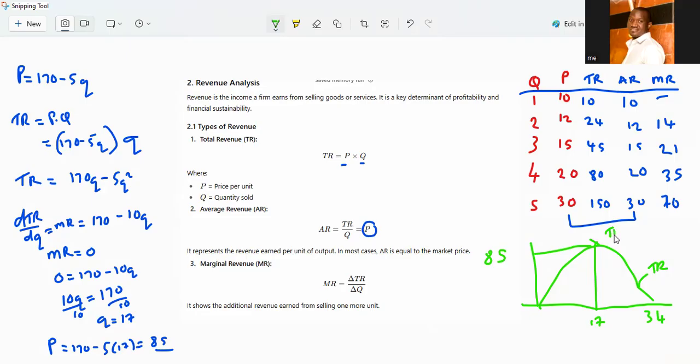Total revenue is maximum at this point. The price that maximizes your revenue. Okay, so this is revenue analysis.